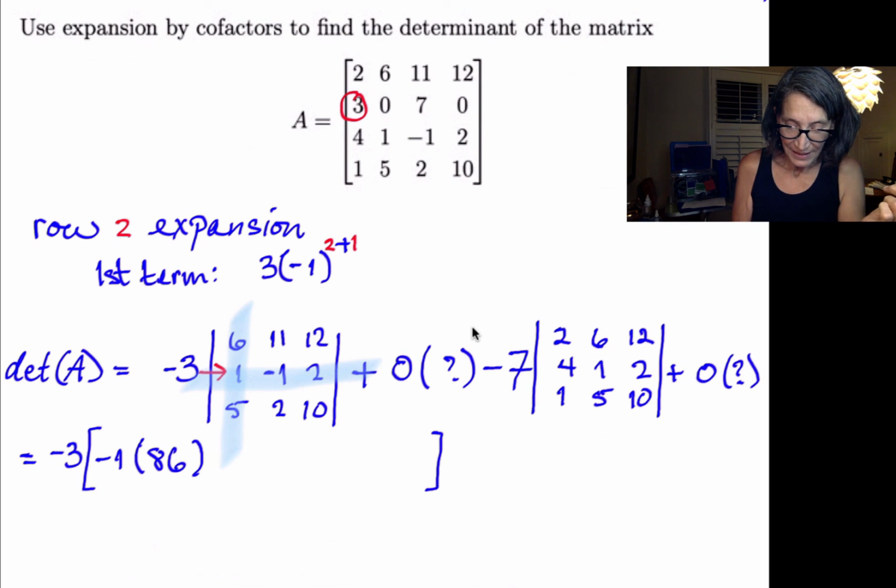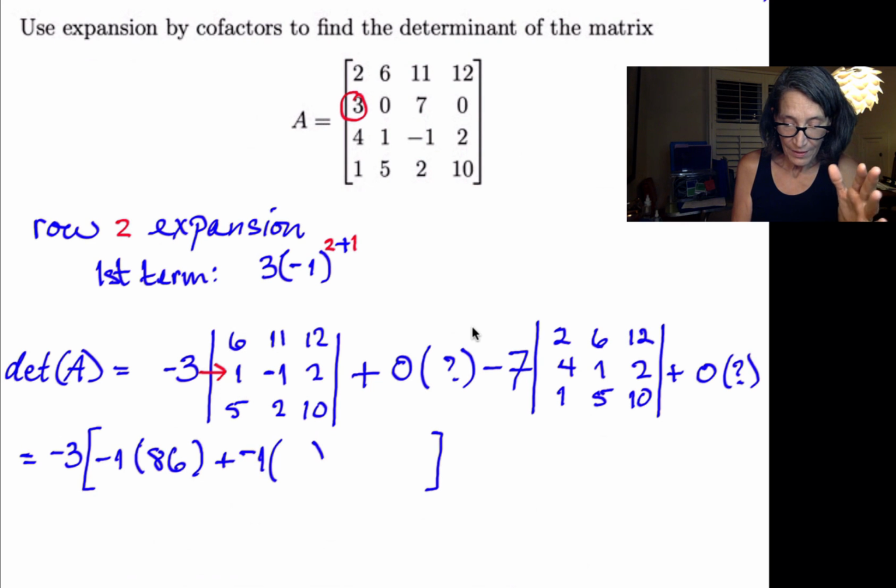All right, and then the next term in this expansion is the next entry, negative 1, but we're going to be multiplying it by a positive 1 because we're alternating in sign. We started out negative, so now we're positive.